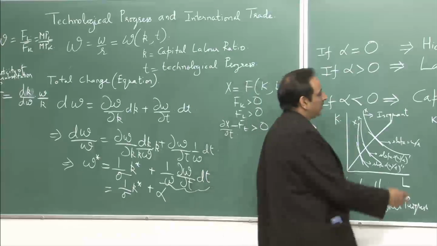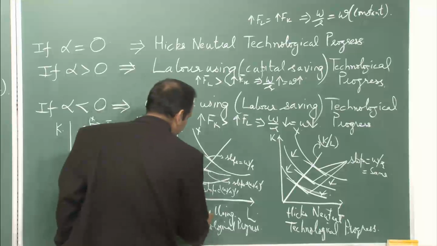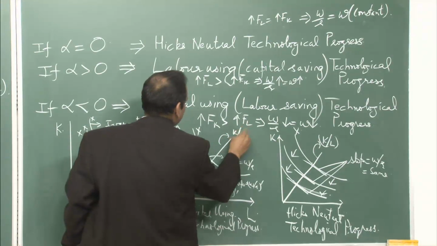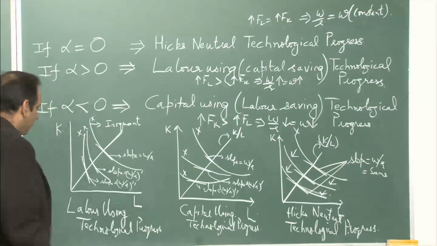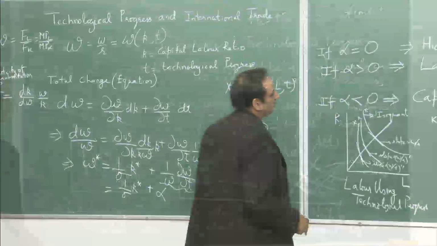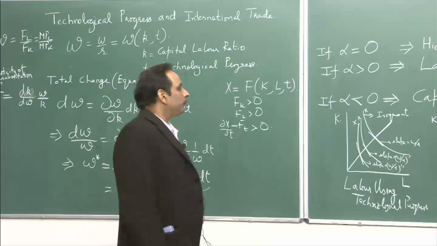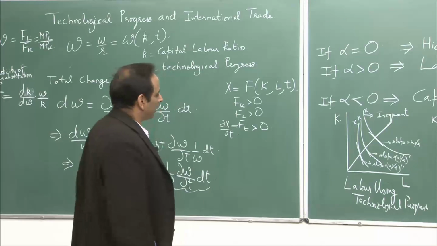If the W by R ratio goes down, it is called the capital using technological progress with the same capital labor ratio. If the W by R ratio goes up, it is called the labor using technological progress, or the capital saving technological progress.